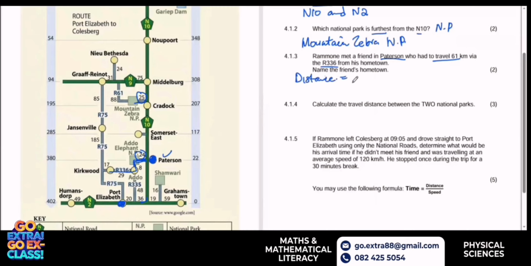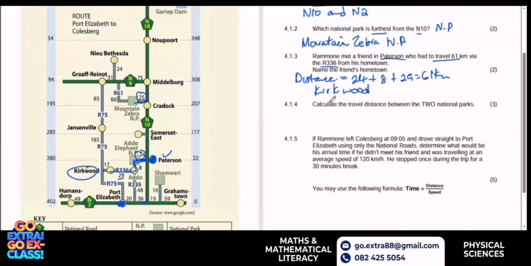We say 24 plus, if you come this side, 8, and then from there if we add these distances, they give us 61 kilometres. So where will the friend's hometown be? That means you're going to end here. This is the town they're referring to. So the name of the friend's town is Kirkwood.